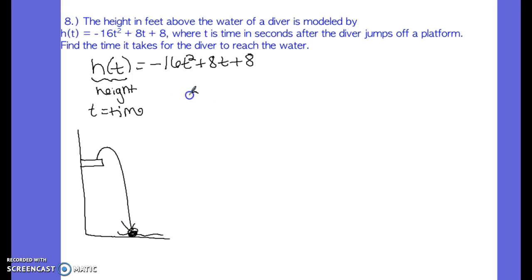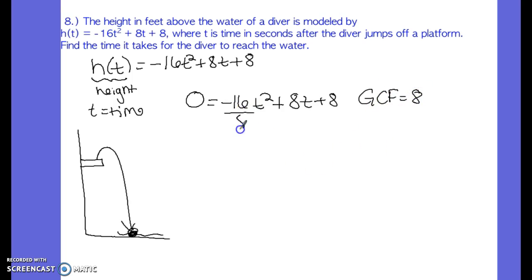So I went ahead and I said 0 equals negative 16t squared plus 8t plus 8. Then I noticed there's a GCF in here. So I can divide everything. There's a GCF that equals 8. So I divided everything by 8, the left and the right. 0 equals negative 2t squared plus t plus 1.